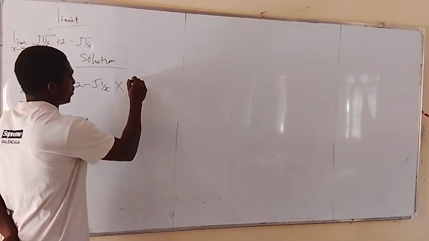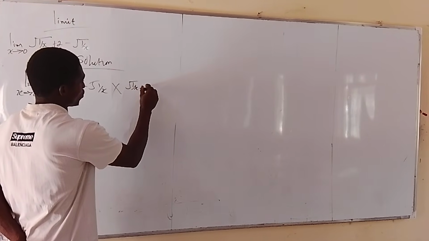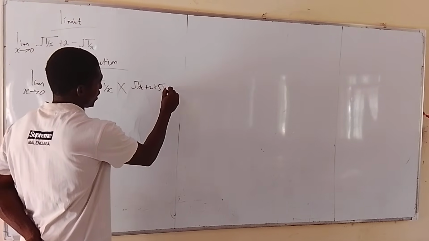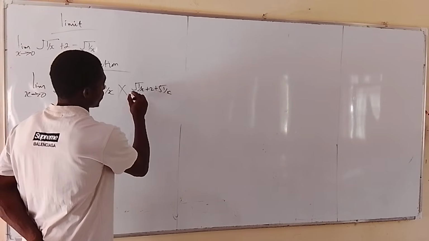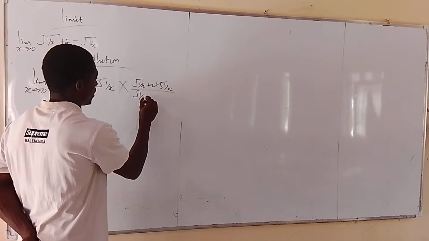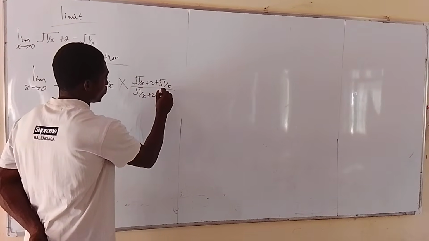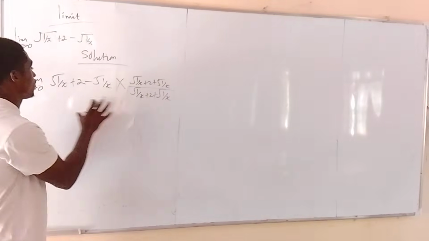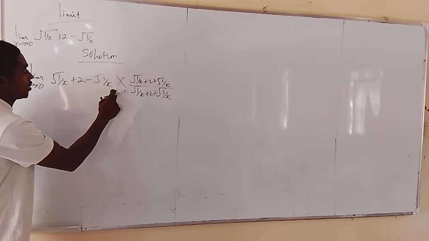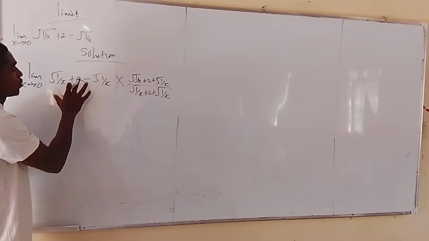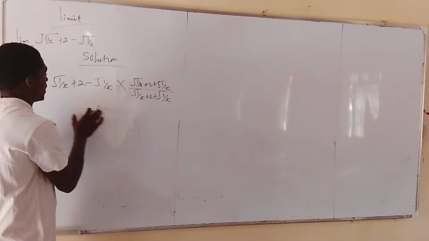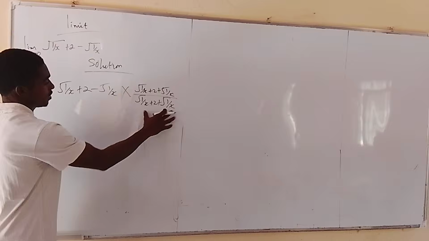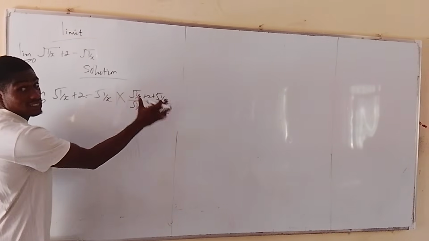So I'm going to have root (1 over x plus 2) plus root (1 over x), all over root (1 over x plus 2) plus root (1 over x). So this is the conjugate of this expression. And you see this one is all over 1, you already know. So this is going to multiply this one, and this one is going to multiply this, and here 1 multiplied by this is still itself.